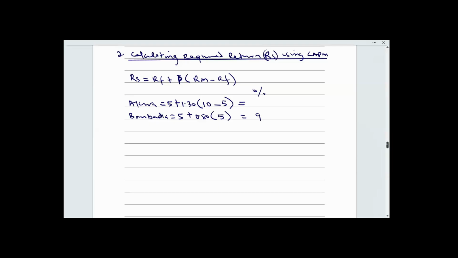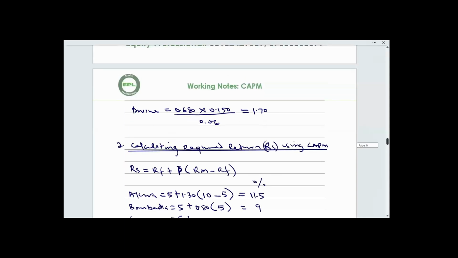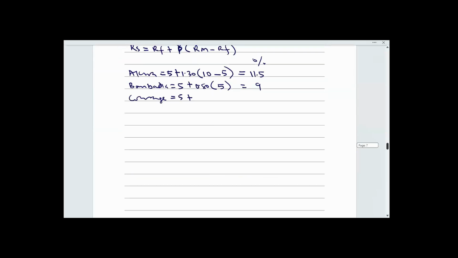Then for Ahira, what's the expected value for the required return? 11.5%. Okay. Then for Courage, 5 plus the beta value of Courage we calculated, 1.11, times 5.